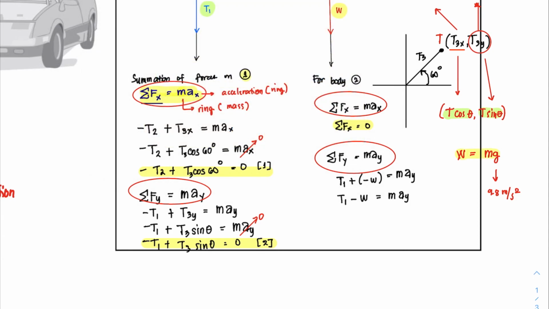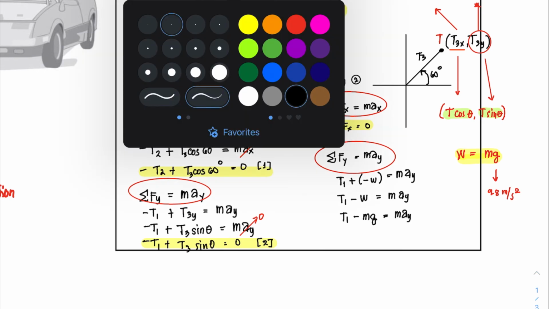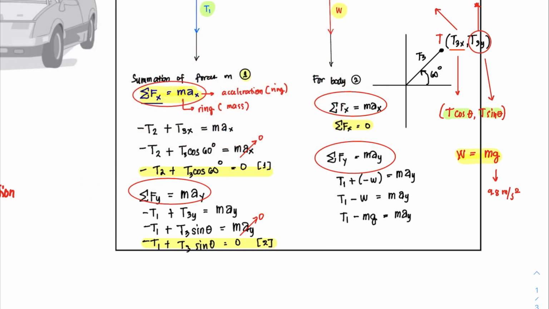And this is 9.8 meters per second squared on Earth. So you have to remember that one because you have to substitute that in your equation. So this will become T1 minus m multiplied by g is equal to m a sub y.